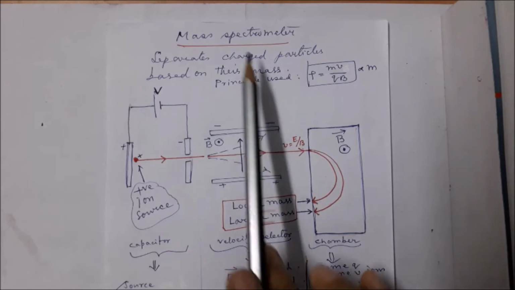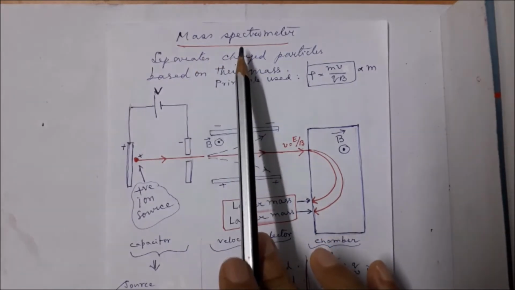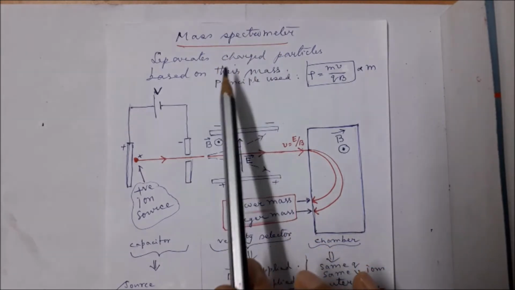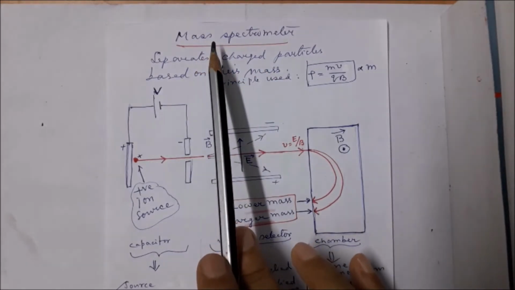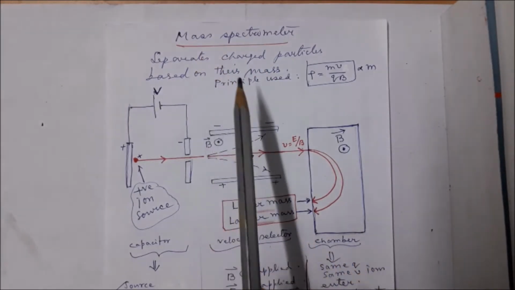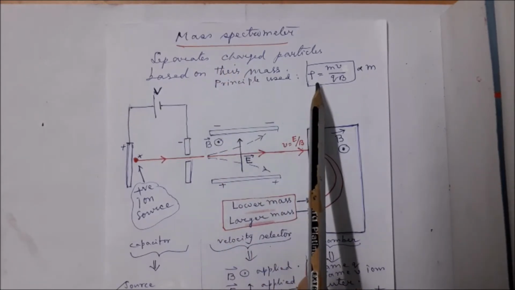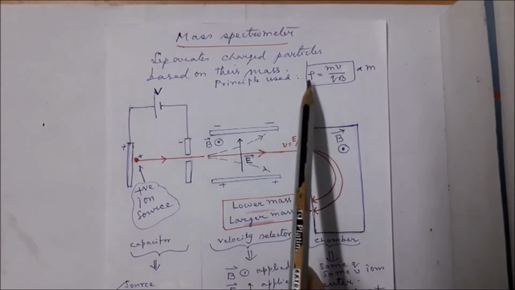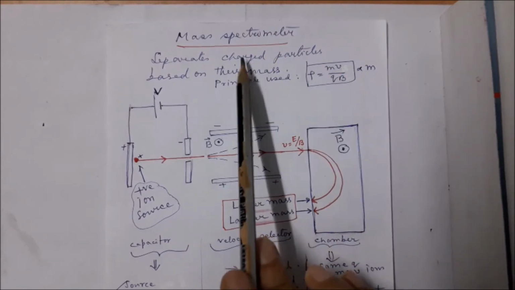Now, in this case, we are talking about the mass spectrometer. So, this instrument will separate charged particles based upon their mass. And this is the working formula: rho is proportional to m, m being the mass of the charged particle.